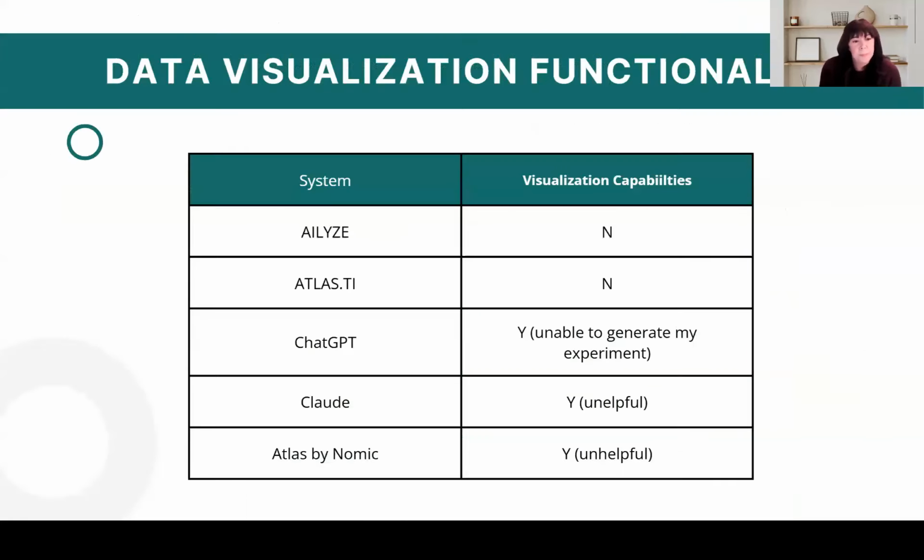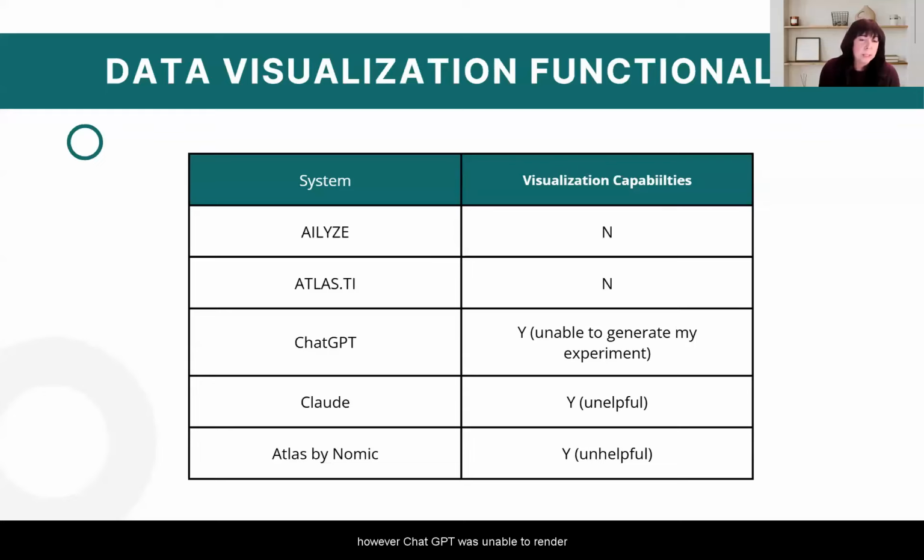Next slide, please. All right, and just to round out my discussion in terms of data visualization, which was a bit lackluster, rather like some of my other experiments. So just to note that a few of the tools, Atlas and analyses that I piloted, did not have data visualization capabilities. ChatGPT and Claude both do have data visualization capabilities.